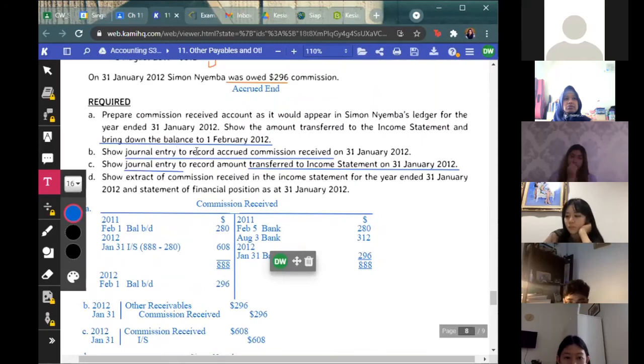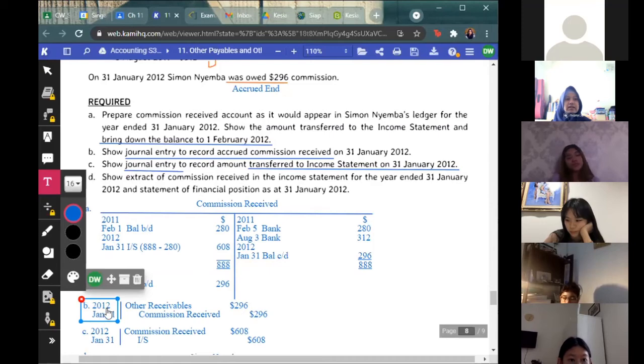How to record a journal entry for accrued commission received. Since we are in the accrued commission received, or accrued income, it is other receivables. So in the journal entry, put the date, which is January 31st, 2012.